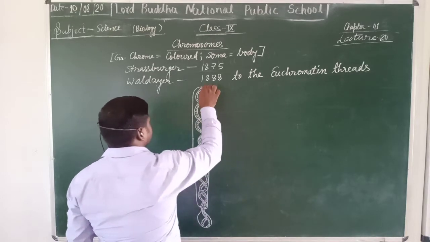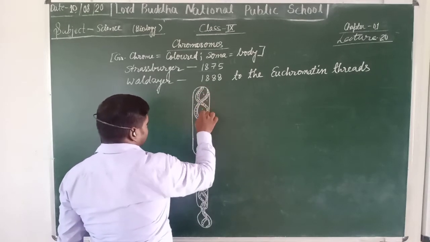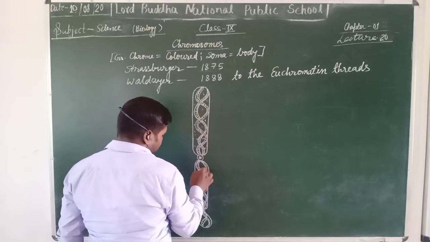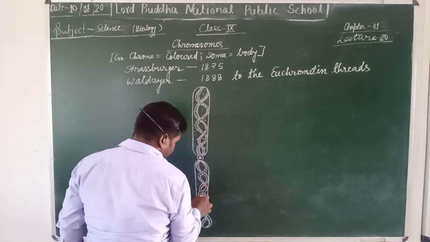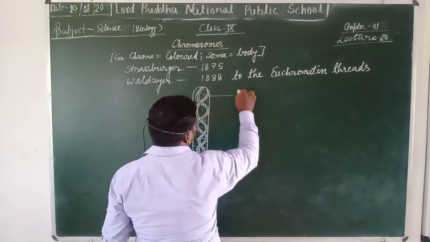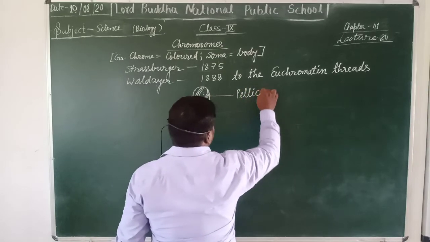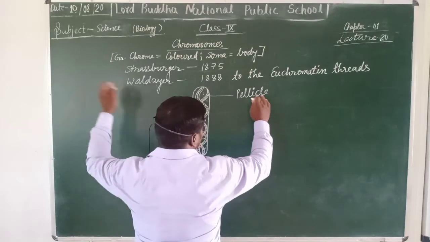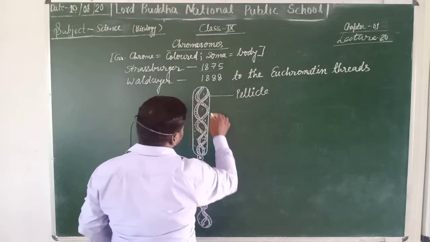Now students, here I am going to label the diagram of the chromosome. This is the outermost membrane of a certain type of protein known as pellicle.